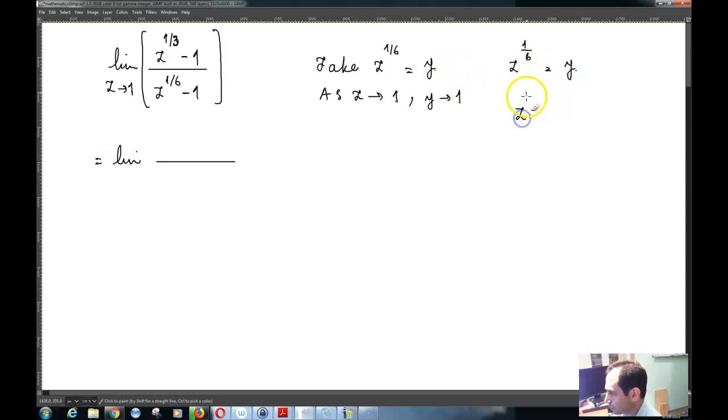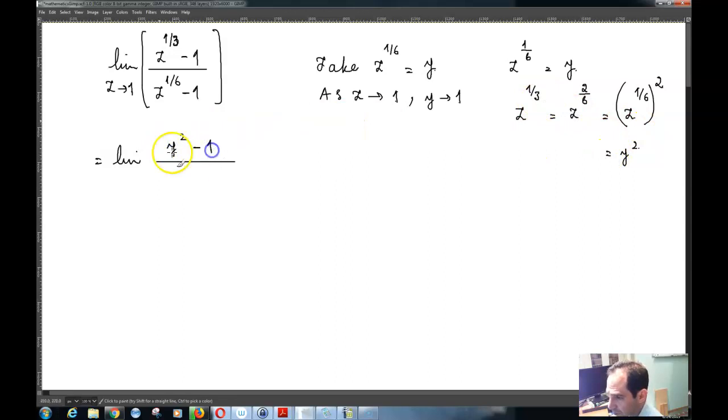Now z raised to the power 1/3 you can write as z raised to the power 2/6, which is the same thing as z raised to the power 1/6 whole squared, which is the same thing as y squared. So z raised to the power 1/3, I can write as y squared.